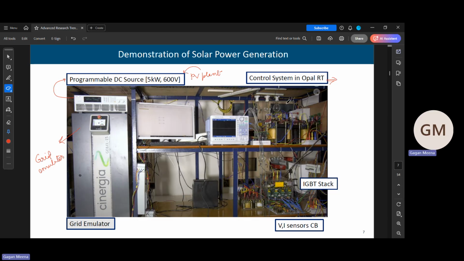The inputs required for the control system are measured using voltage and current sensors and circuit breakers. We need the information regarding voltage and current, and based upon that, the action is carried out.